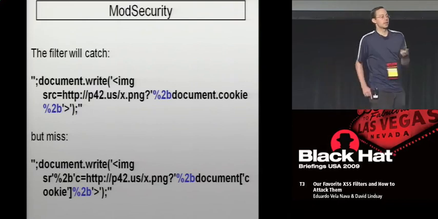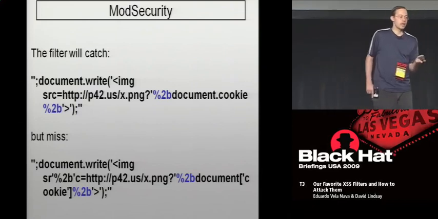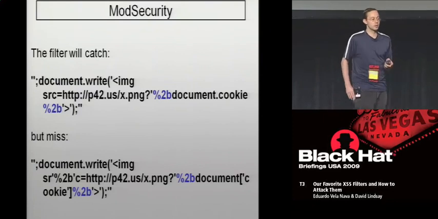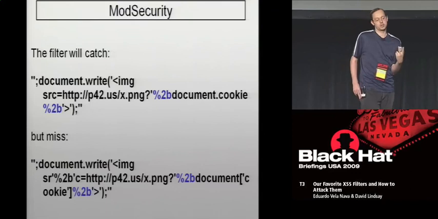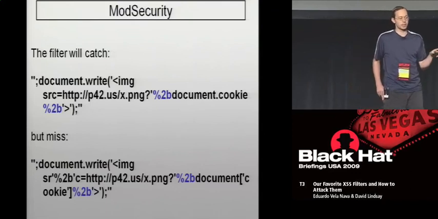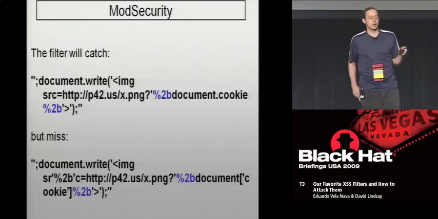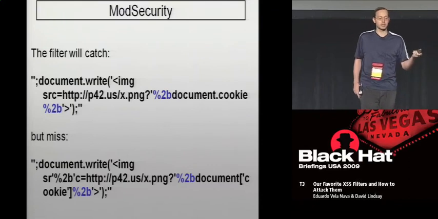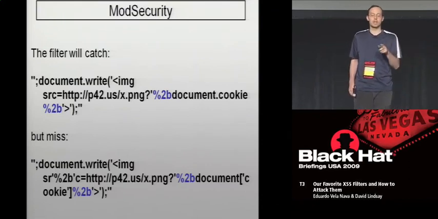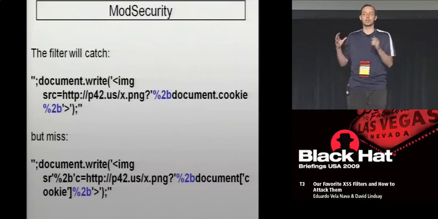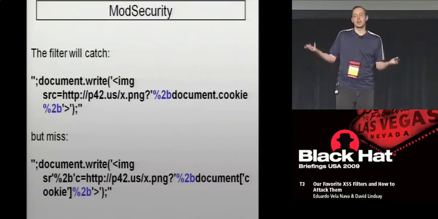Oh, so the filter catches the first one, but the second one does get past the filters, and that's because I had to change two things. If you notice, I broke up the source at the beginning. So again, I used %2b, the plus sign, in order to break up source, and then at the end, instead of doing document.cookie, I used document bracket cookie as a string. And that was all that was needed to bypass.